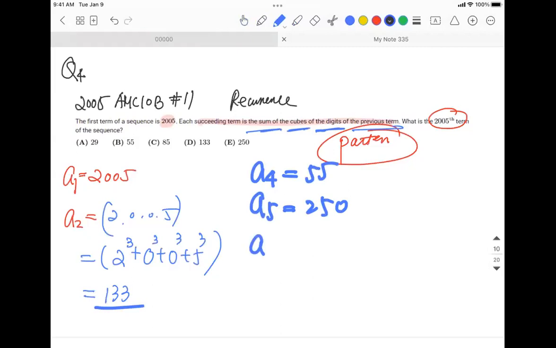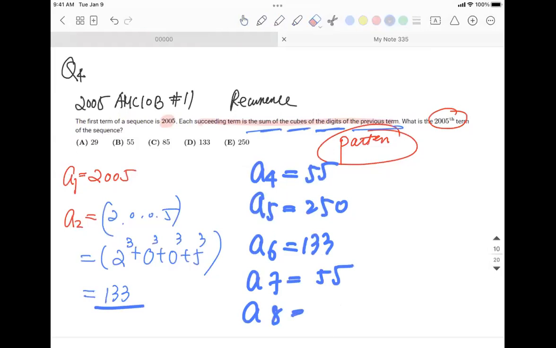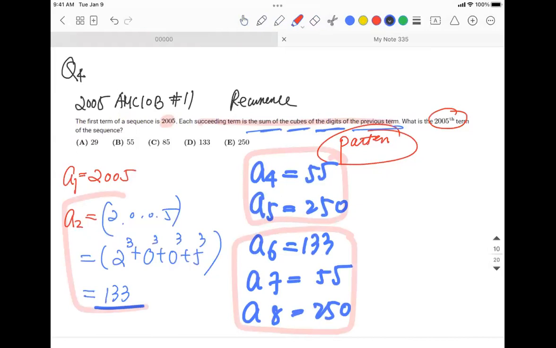And the next one is going to be A6, 133, A7, 55, A8, 250. Hey, look, check it out. There is a pattern now. See? It looks like after your A5, the sequence is repetitive, right?